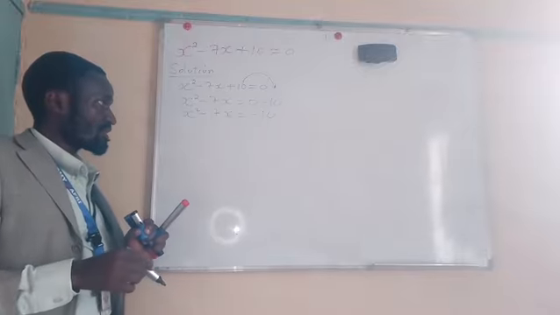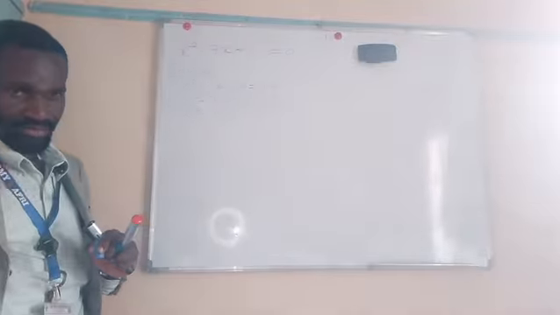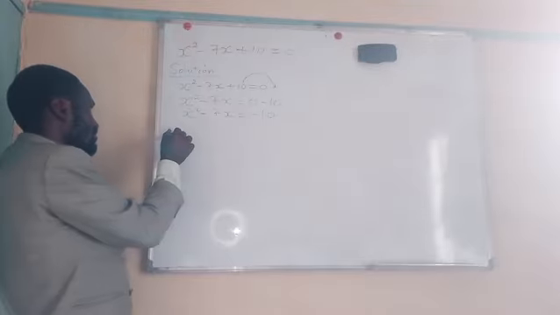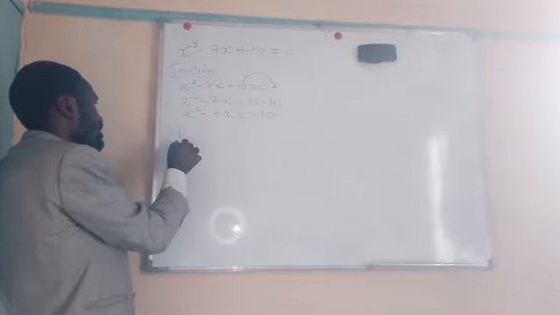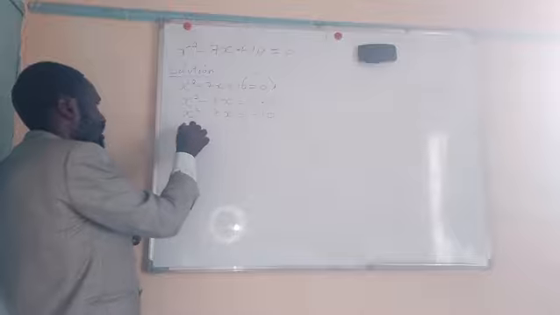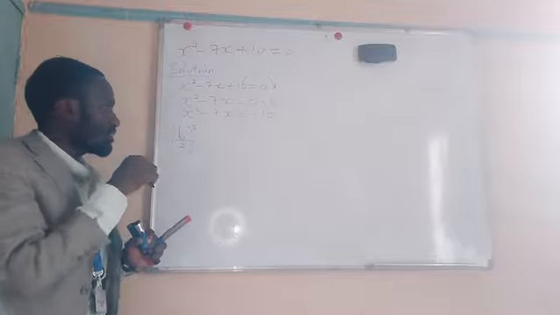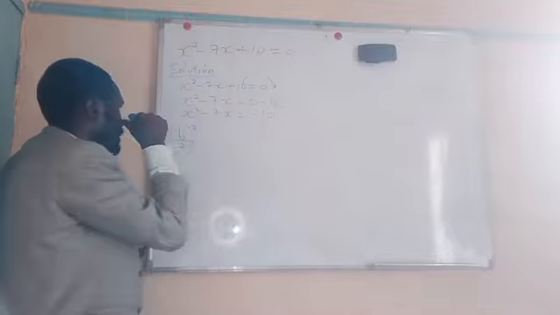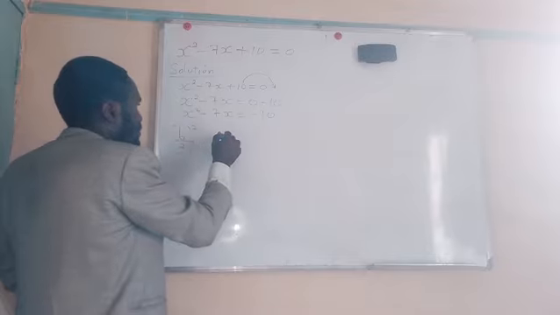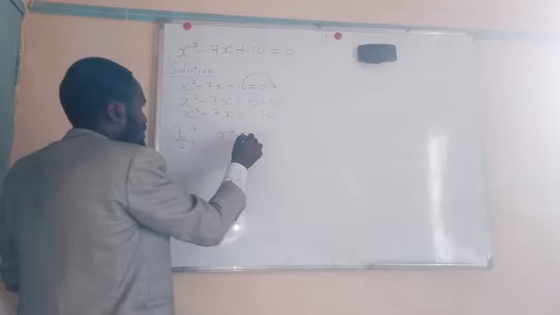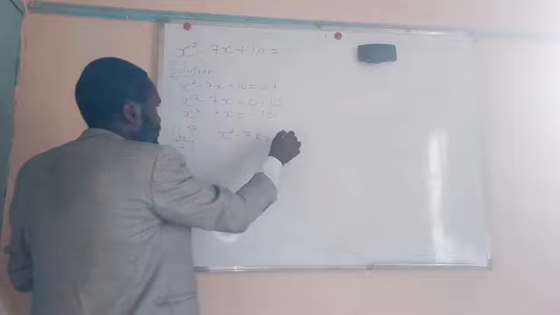This is where someone is supposed to introduce this concept of b over 2 squared. So I just say b divided by 2, and this is squared. So I've been given x squared minus 7x is equal to negative 10.